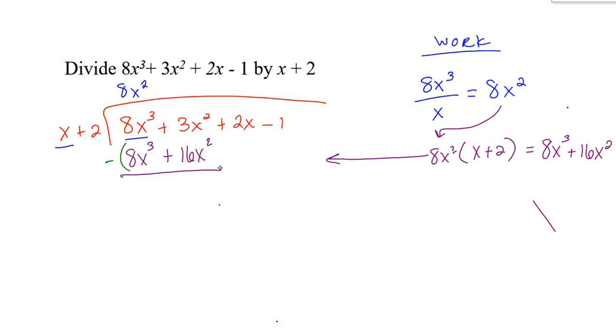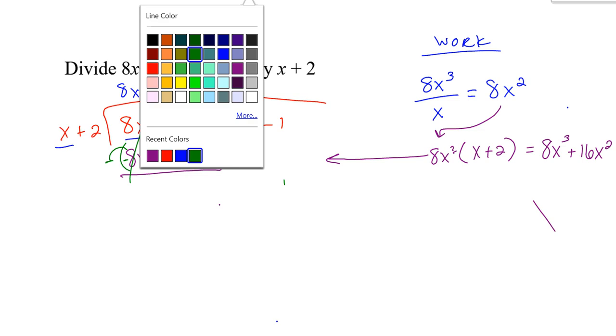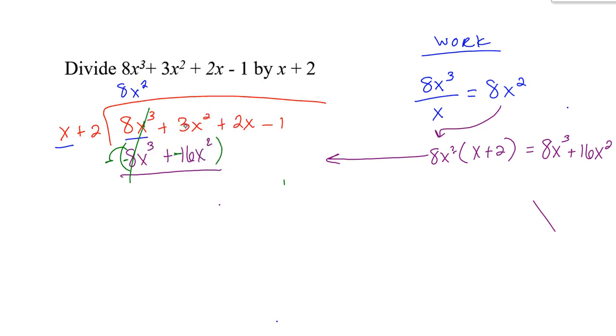Remember that subtract changes the signs on both of them. Those should cancel. Always, always, always those guys should cancel. So we end up with 3x squared minus, sorry, minus 16x squared is negative 13x squared plus 2x. Then we start the whole process over again.